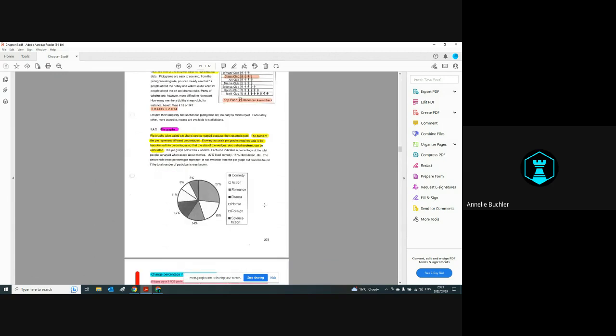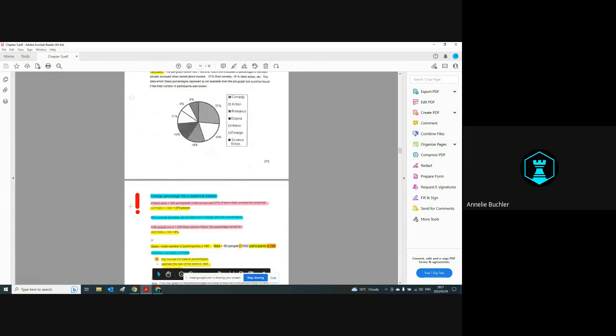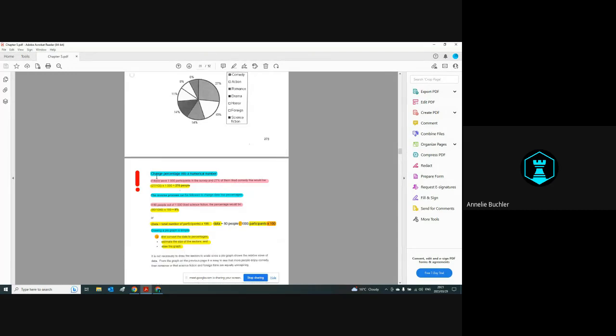You're also going to get something on pie charts in your exam. I actually marked it for you with an exclamation. So if you see a pie chart, you must know it must always be in percentages. Now I made notes here for you.